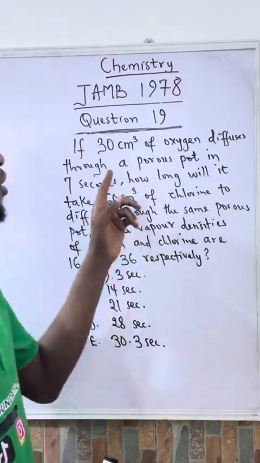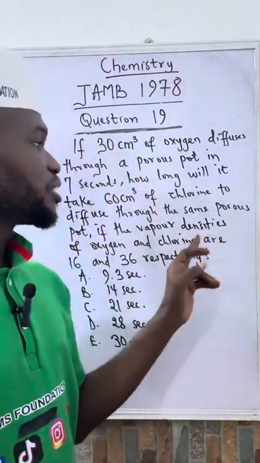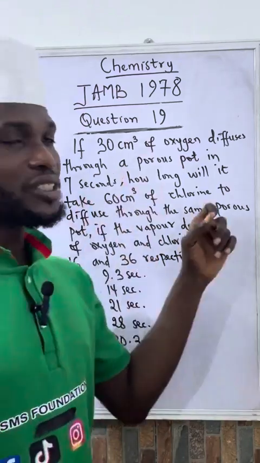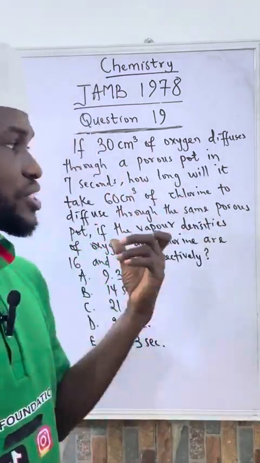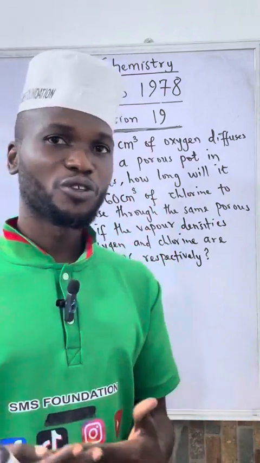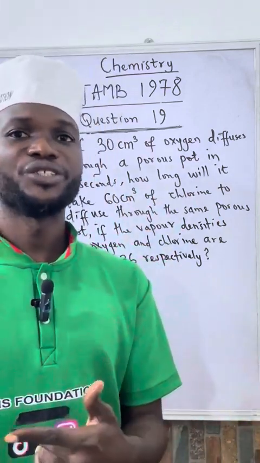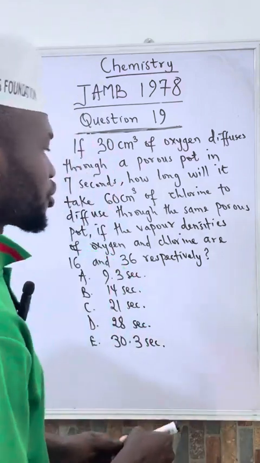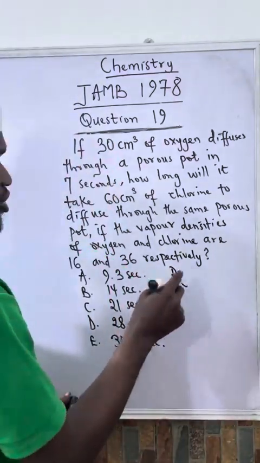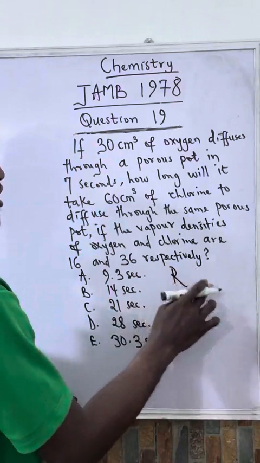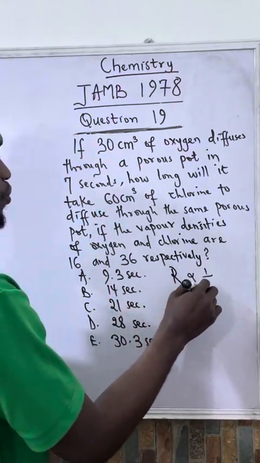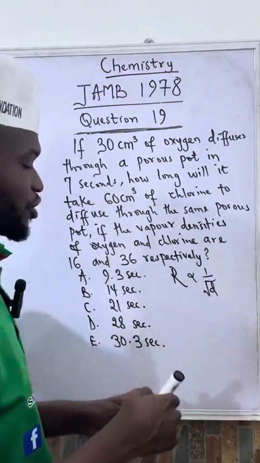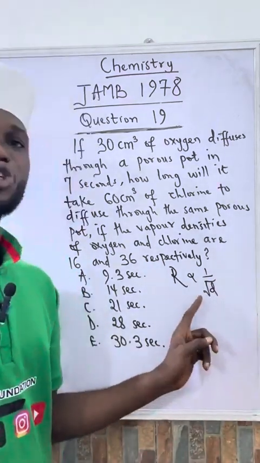Now, the best one that we suitably go for this is Graham's law of diffusion, which states that the rate of diffusion of gas is inversely proportional to the square root of its density.